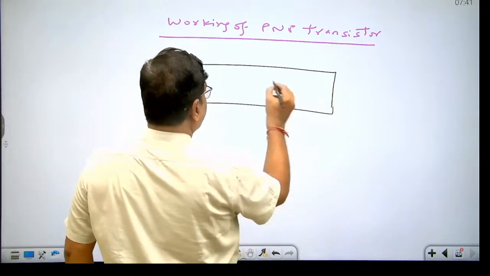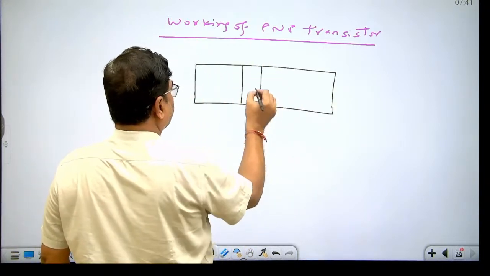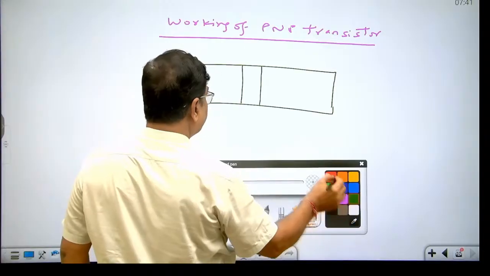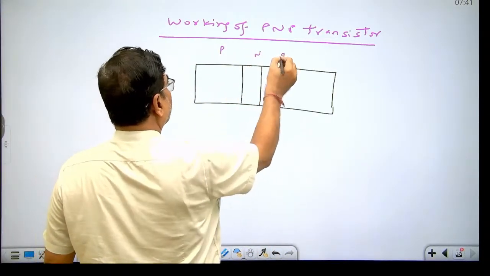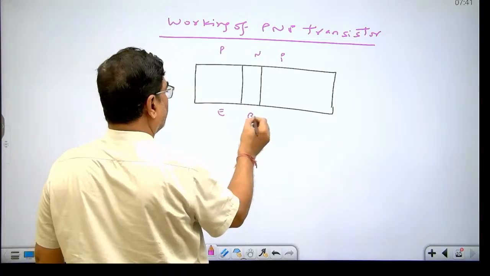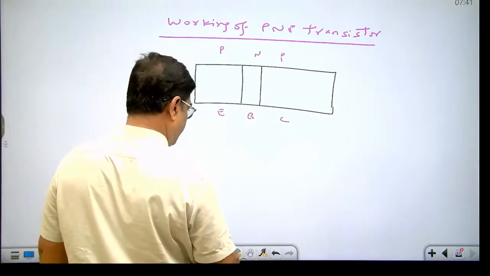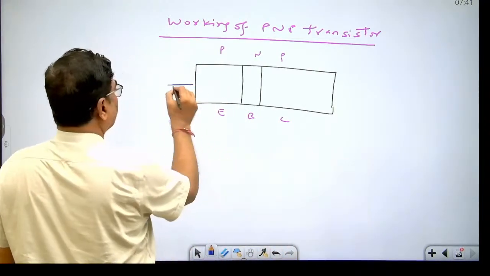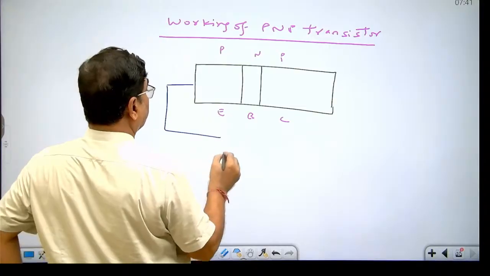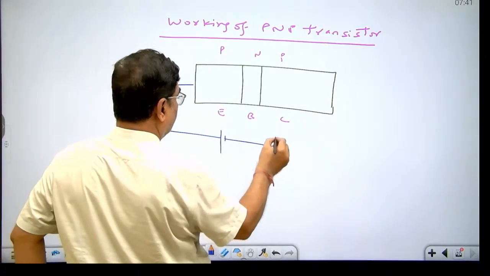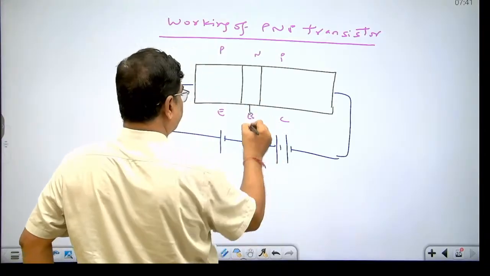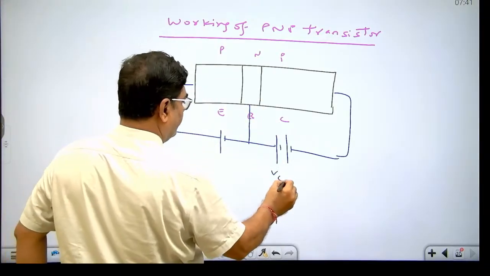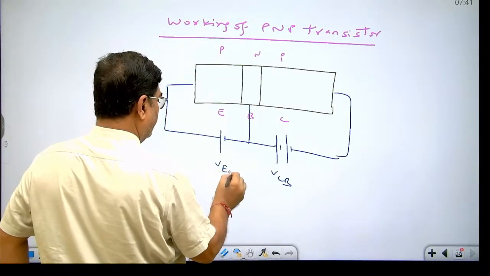To keep the transistor in active mode, the first junction, the emitter junction, is given forward biasing. P is connected to the positive terminal. Here P is connected to the negative terminal, reverse biasing. This VCB remains more than VEB.